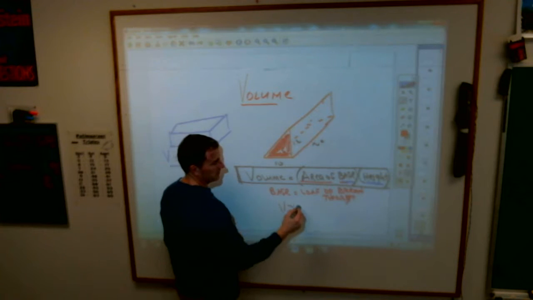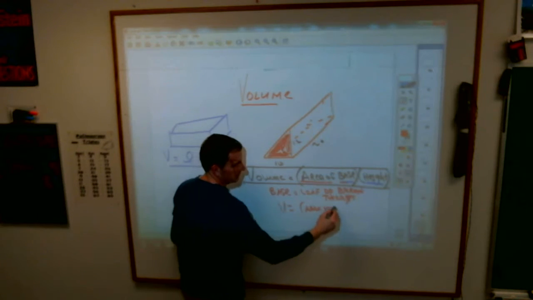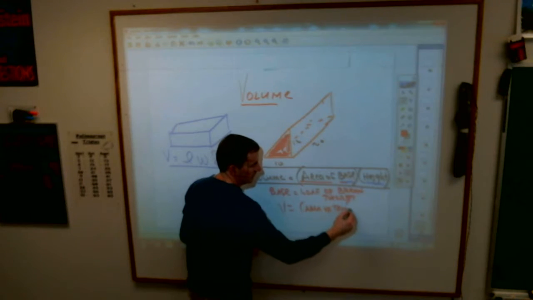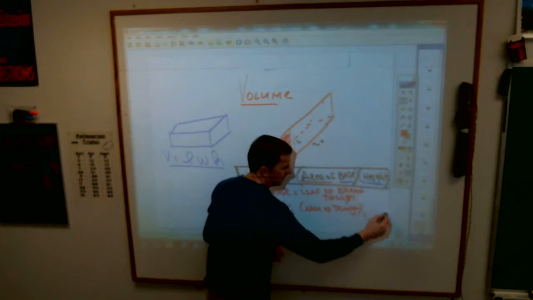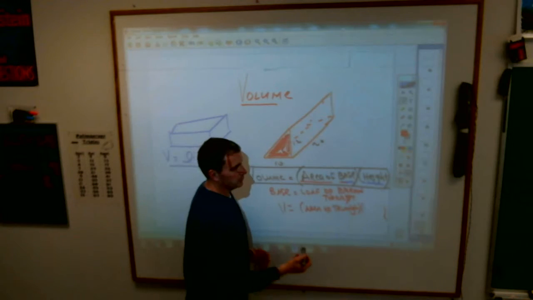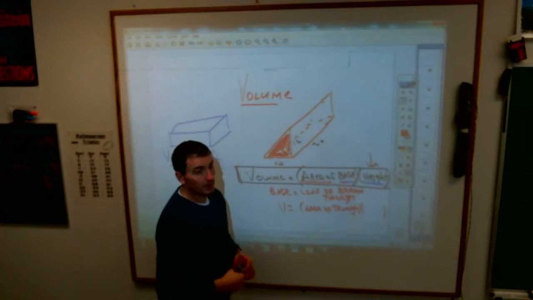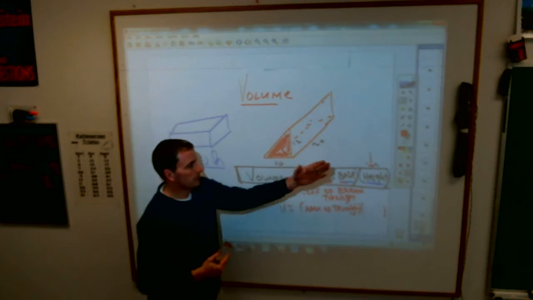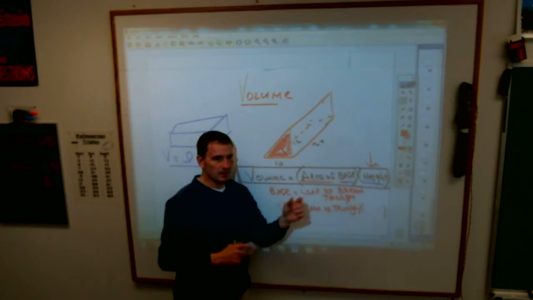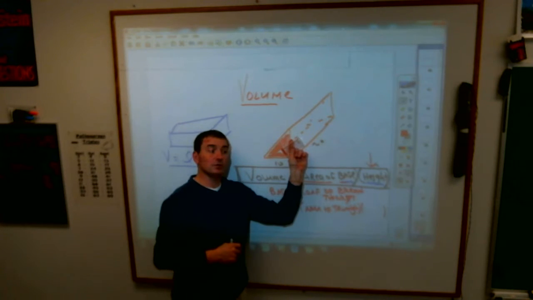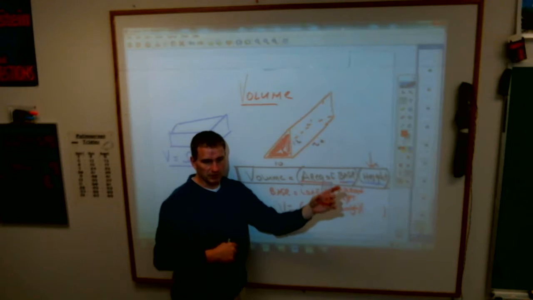So the volume is going to equal the area of the triangle. And then you have to figure out what the height is. Just like with other things, when we talk about base and height, the height has to be perpendicular to the base. Or you have to imagine, if you did set it on its base, how tall would it be?